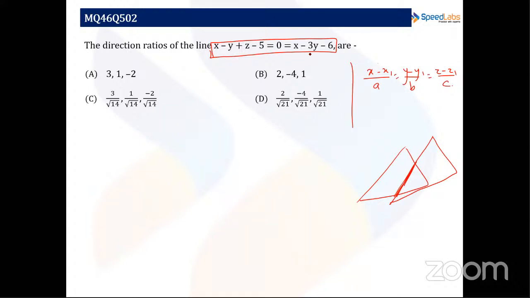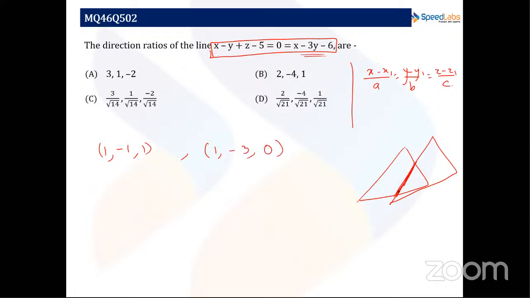And now the direction ratios of the perpendicular to this plane are 1, minus 1, 1. For this plane, 1, minus 3 and 0.